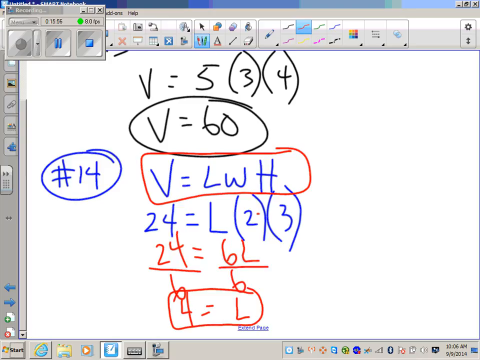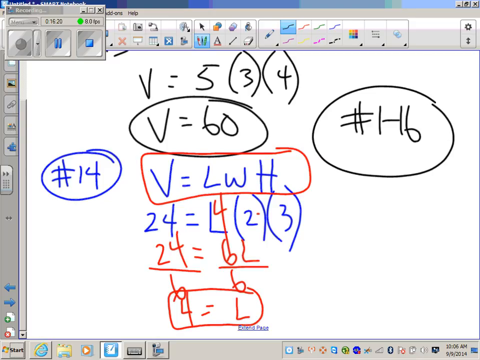If you plug in a 4 here, 4 times 2 is 8. 8 times 3 is 24. It worked. So they're not that bad if you substitute in and you show some work. If you've been taking good notes, this won't be an issue for you. Okay? 1 through 16 is your assignment.